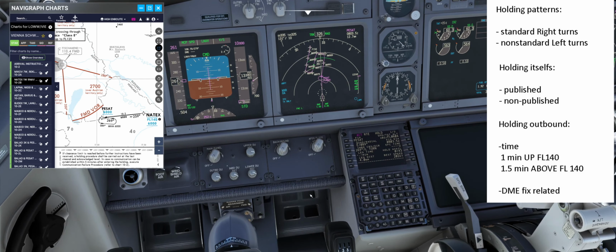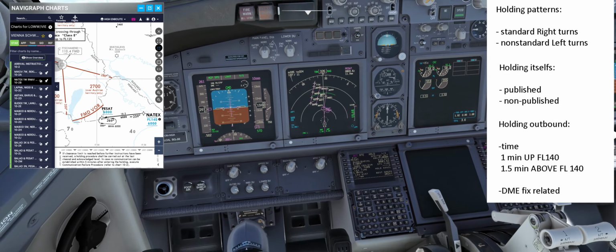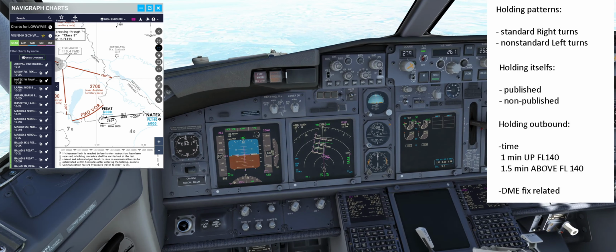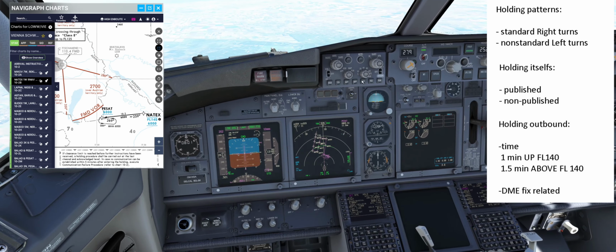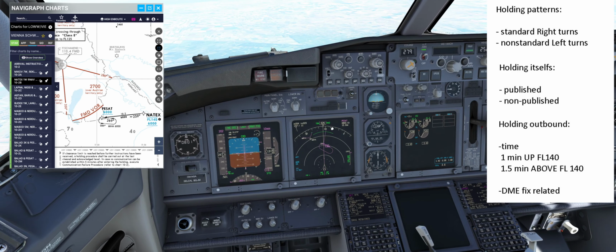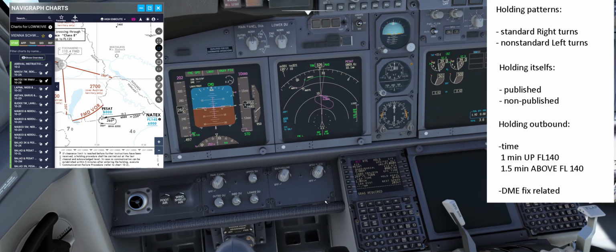Okay, so if we would like to revert it back, we put 1 minute, execute, and now we have 1 minute of holding because we are below flight level 140. Now we can put it back to the VNAV mode, and you see the airplane start decelerating to our best speed, which is for actual holding.